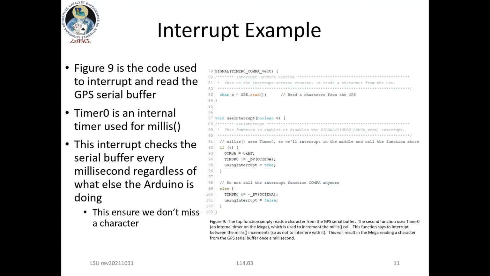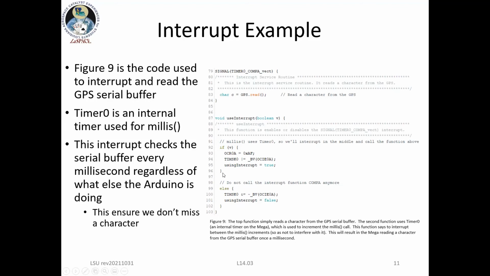This second function here is a function that we actually declare. By default, this signal is not on, so this is a function we're going to use to turn this interrupt on and off. You can see that it takes this Boolean argument. When I pass it true, it's going to turn the interrupt on. When I pass it false, it's going to turn the interrupt off. This little block of code here is what turns the interrupt on, and this is the one that turns it off.